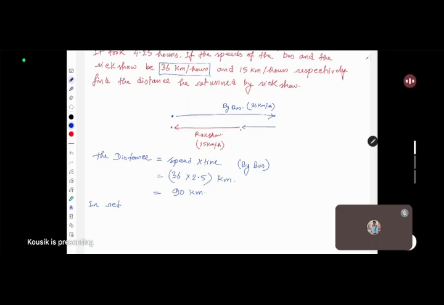In return journey, he took 4.25 minus 2.5 is equal to 1.75 hours more for rickshaw.